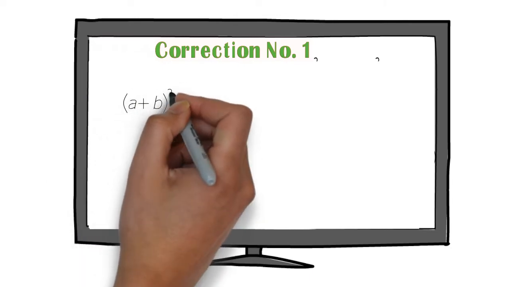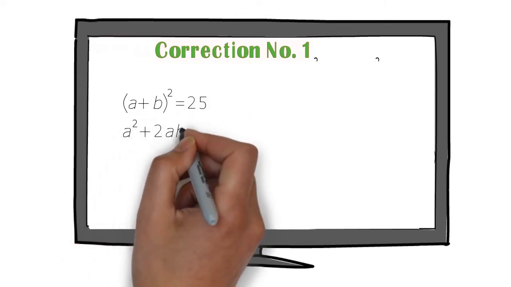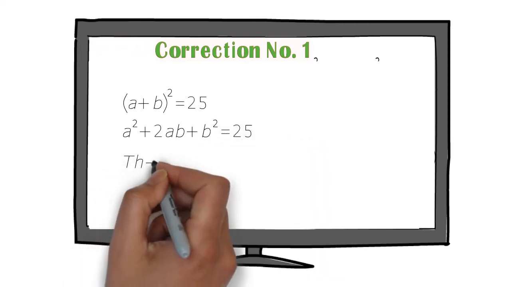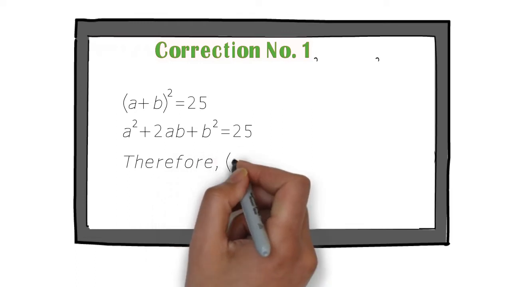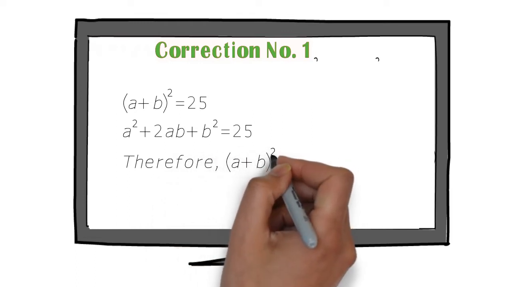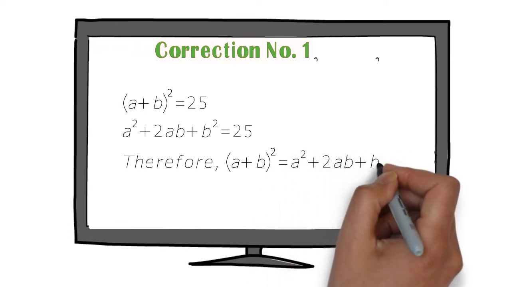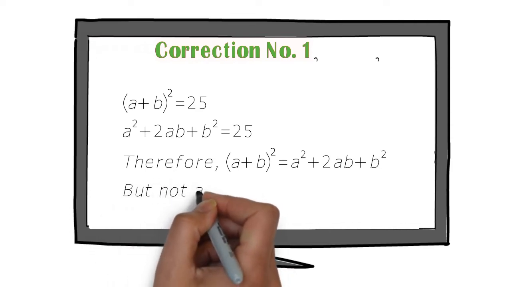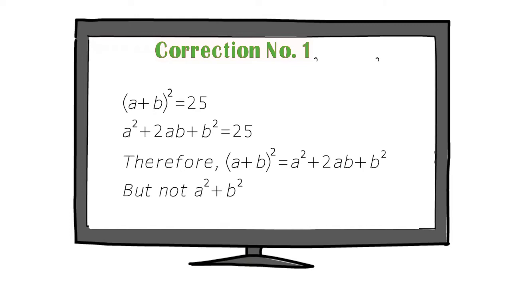So we can conclude that since a plus b squared gives us 25 and a squared plus 2ab plus b squared also equals 25, therefore a plus b to the power of 2 equals a squared plus 2ab plus b squared. But clearly not equal to a squared plus b squared. So I hope students will not make these fundamental mistakes again.